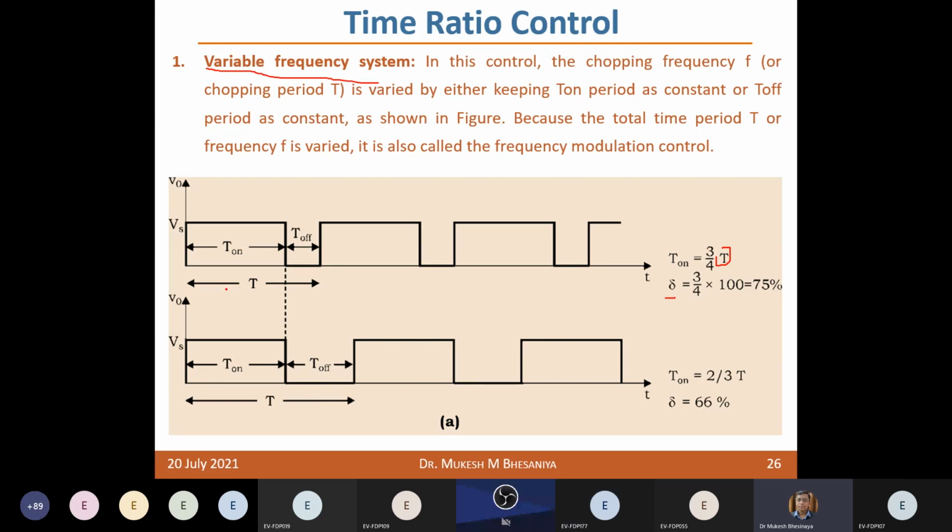Here you see in this case the total time period is this much. If you increase this total time period by keeping the on period fixed, then the duty cycle, which is the percentage on period for a given chopping time or frequency, will reduce. Here it will be 66%. In the first case it is 75%, right?